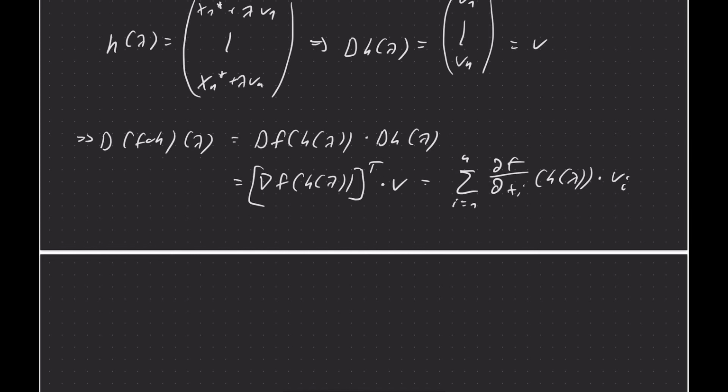Well, what did we just compute here? Well, that's nothing else than the directional derivative, right? Because f after h is the restriction of f to the line defined by h. So that is the derivative of f along that line.